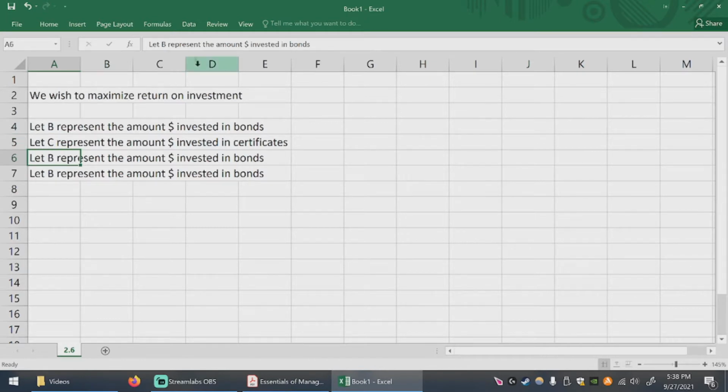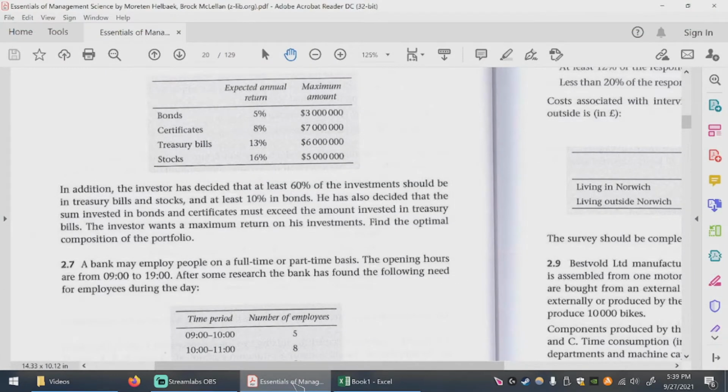Just so I don't write the same sentence 4 times, right? Treasury bills. And lastly, stocks. Let me just check if it matches perfectly.